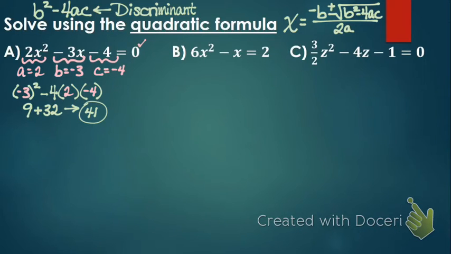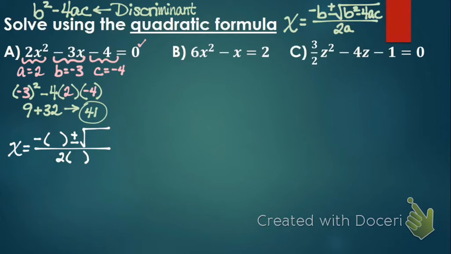So now I'm going to substitute everything in. X equals, I got my big fraction bar. I always do this the same way every time so that I don't make any silly mistakes. I always have the negative and then parentheses because in my formula there's a negative and then b. What are we putting in for b?